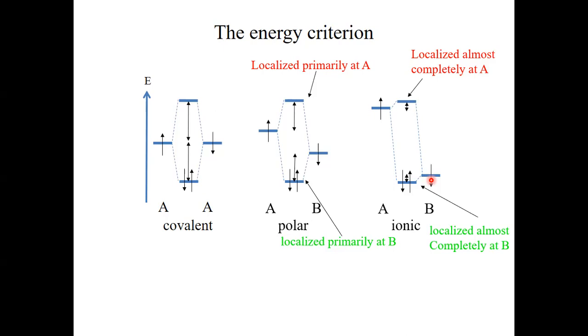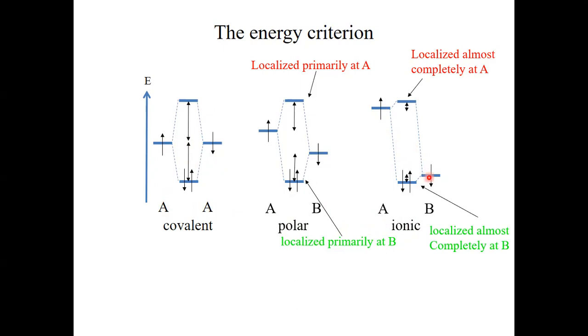From that, you can also see that while a completely covalent bond is possible, in which the electrons are shared exactly between the two atoms A, a 100% ionic bond is not possible because a completely ionic bond would require that the energy difference between the two orbitals A and B is infinitely large.